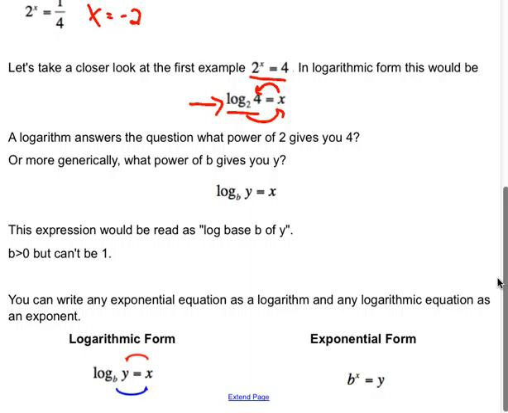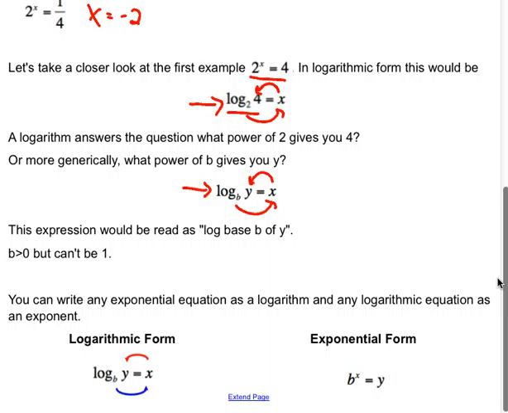Generically, whenever you see a logarithm, basically it's asking what power of b will give you y. So b to what power gives you y. It's read as log base b of y. And b must be positive.